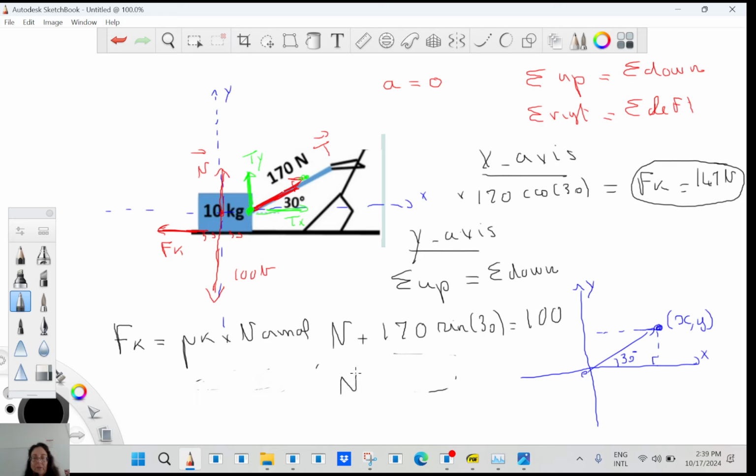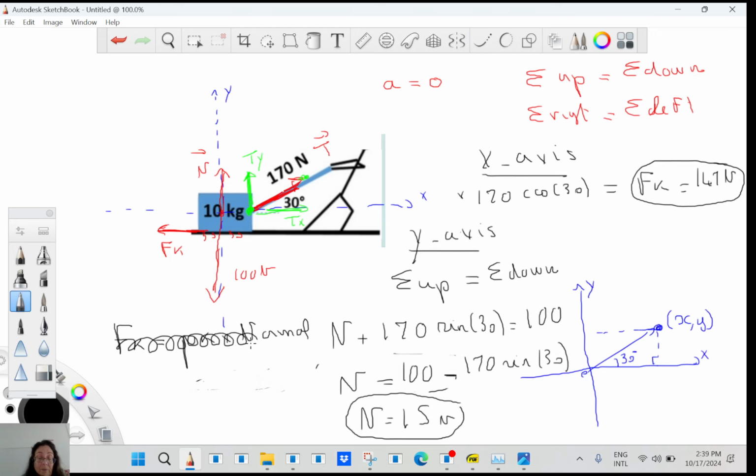So the normal force, 170 sine 30, okay, equals 100. So it's going to be 1 minus 170 sine 30. So how much is that? 15 Newton. Okay. And this one doesn't work because I didn't use a realistic problem. Right.